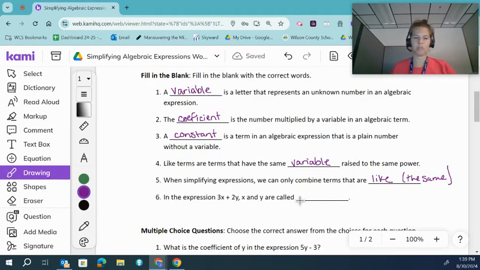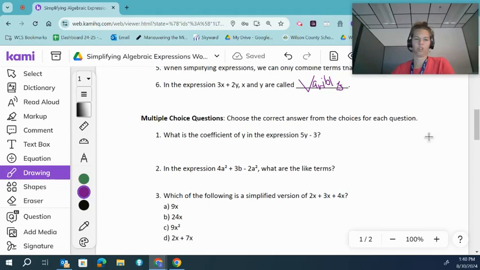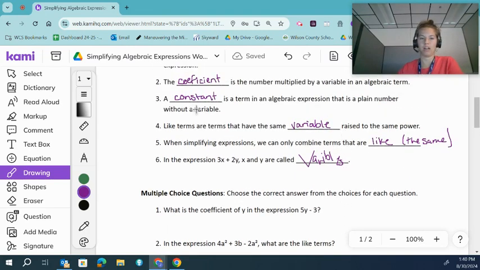In the expression 3x plus 2y, x and y are called variables. Now these are not like terms because the variables are different. So in this first one, what is the coefficient of y in the expression 5y minus 3? Remember your coefficient, we can go back up here.